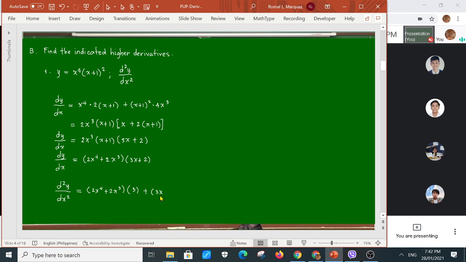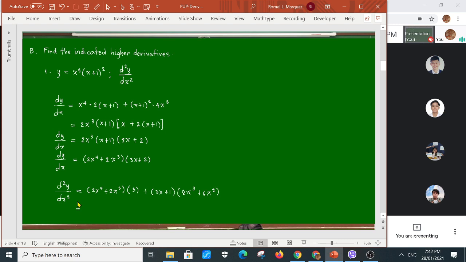Plus the second times the derivative of the first. What is the derivative of the first, children? 8x cubed plus, what comes next, children? 6x squared. Okay, guys? That's already the second derivative.